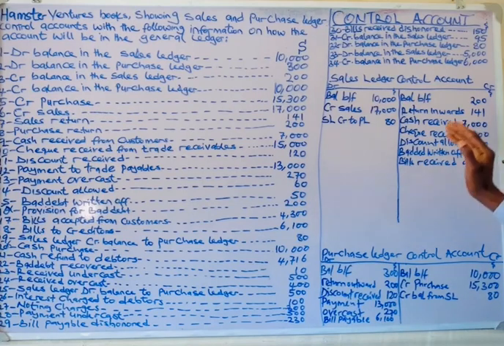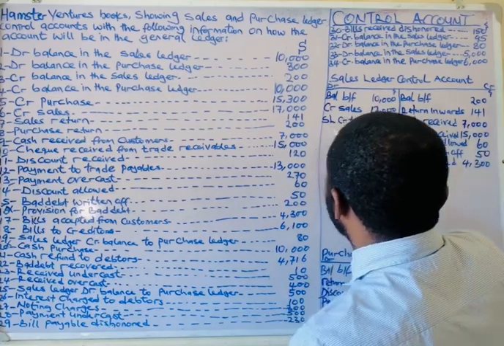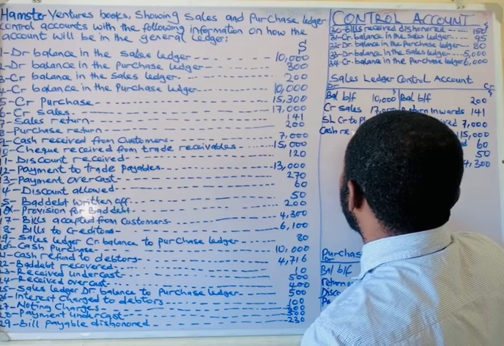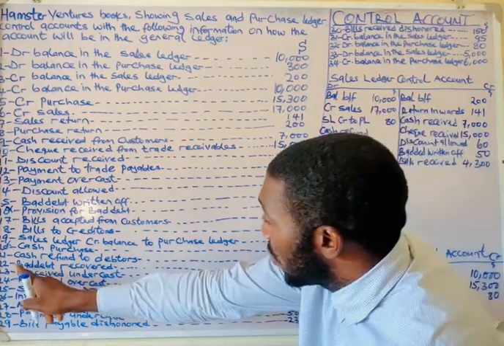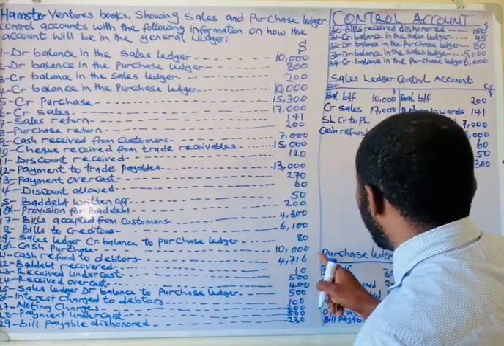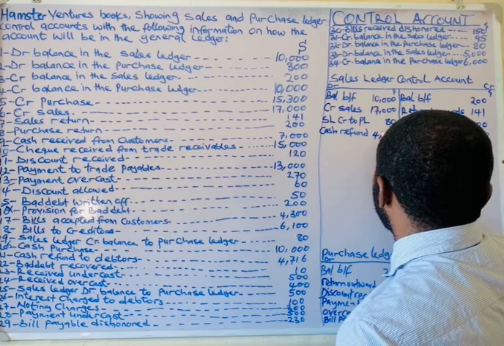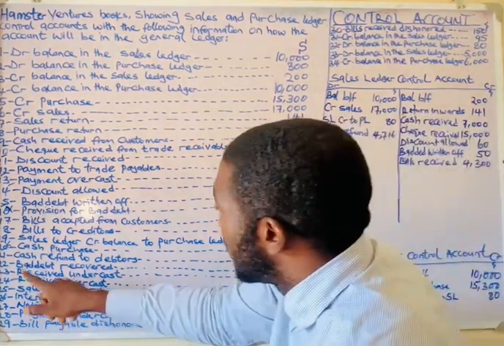So it will add to the balance because we have already deducted the balance before. So we come and add it back by saying cash refund. And the cash refund to customer, debtors, is $4,716. Simple.